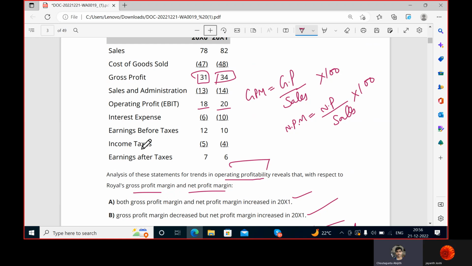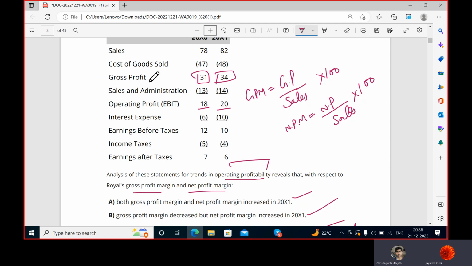We'll move. So this is only the fourth sum. Okay, so 39.74 in year one. So gross profit, yes, so 34 divided by sales is 82 into 100.